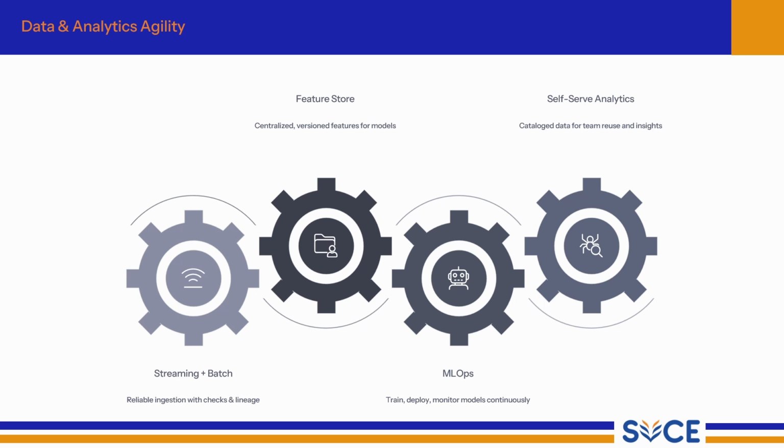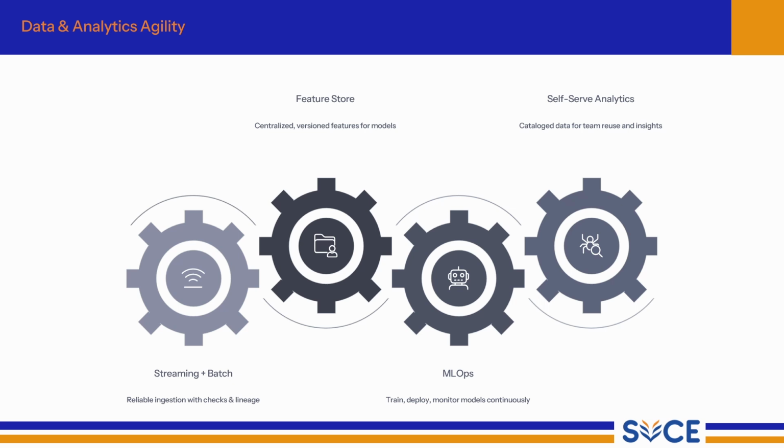Think of streaming and batch like water pipes, real-time flow and stored buckets. Both ensure data arrives clean, checked and traceable. So streaming plus batch means the data flows and the data can be trusted.